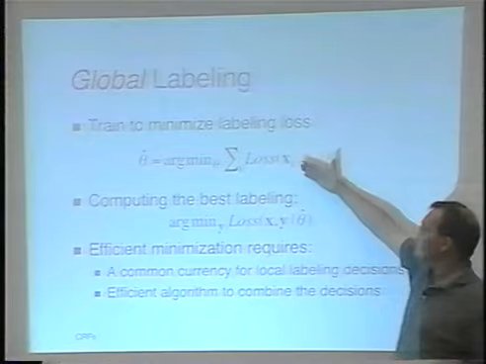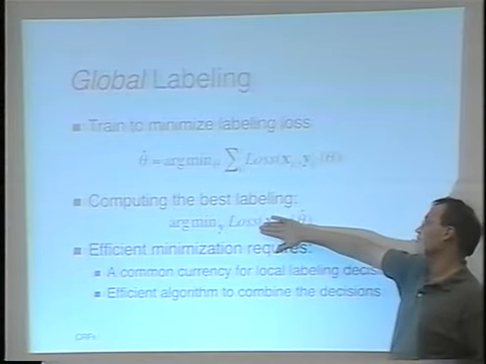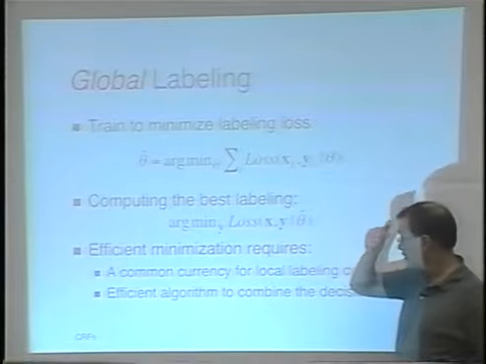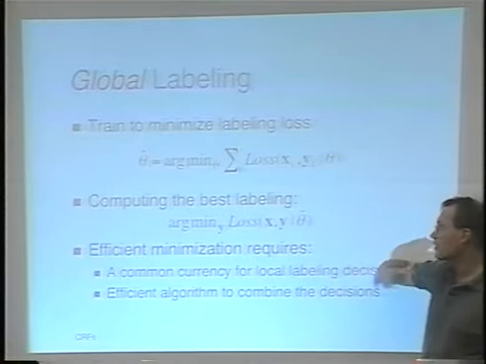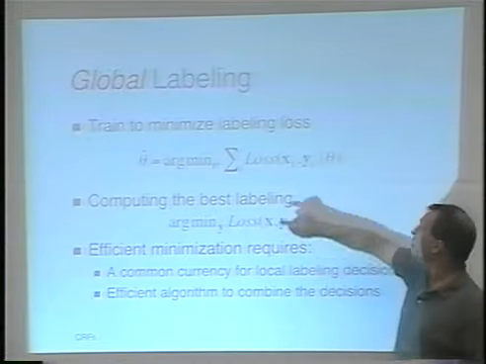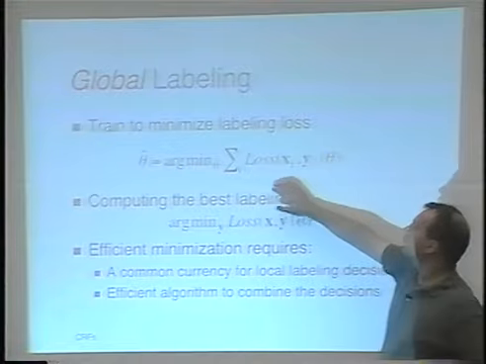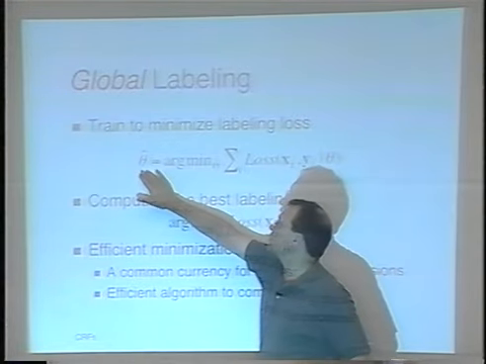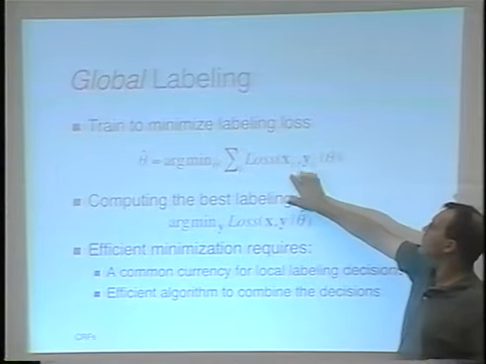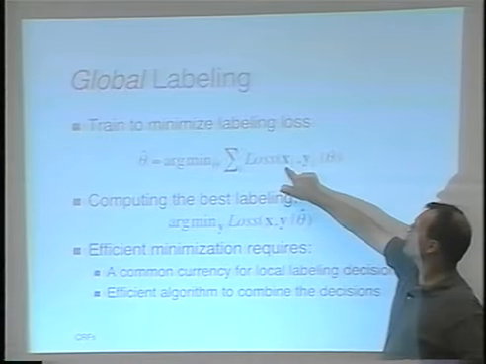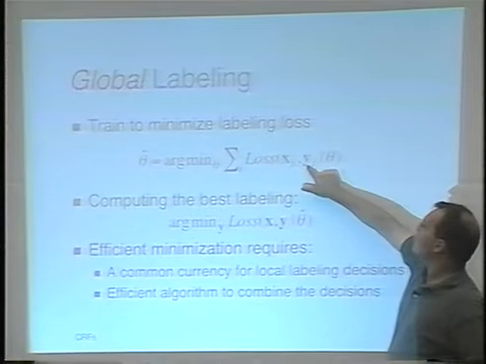I'll switch between loss and objective, which you might think of, for instance, as a minus log probability in the cases we talk about, or might talk about the probability later on, although not all the models I'll talk about are probabilistic. So basically, at training time, we're going to try to find a parameter vector that minimizes the loss on the training data, where the training data are pairs of an input sequence X and a label sequence Y.